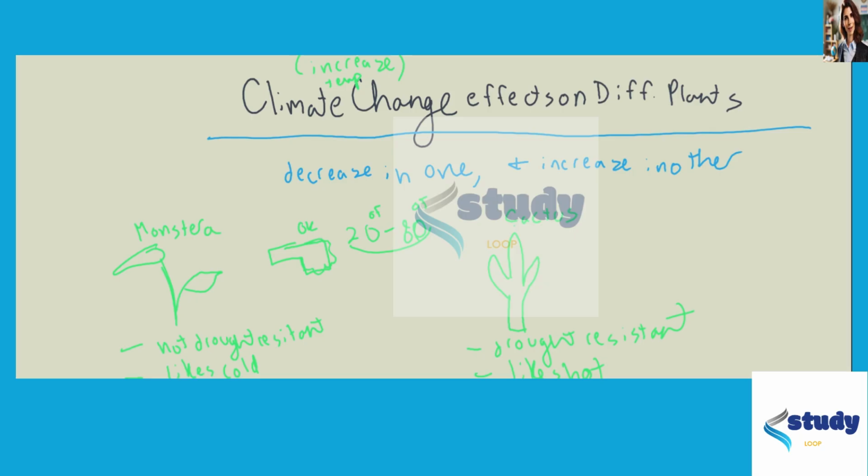It's lived in Oklahoma for millions of years, so it's used to 20 to 80. Cactus lives in Texas. Okay. What is Texas even? I live here. I should live close enough. I should know this. Don't judge me, okay?